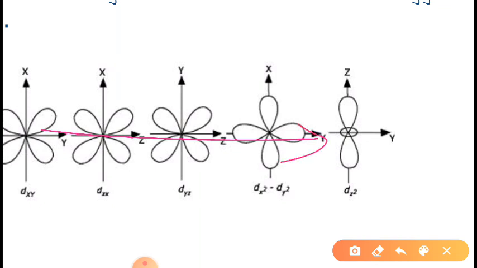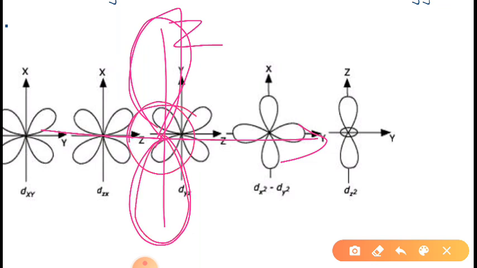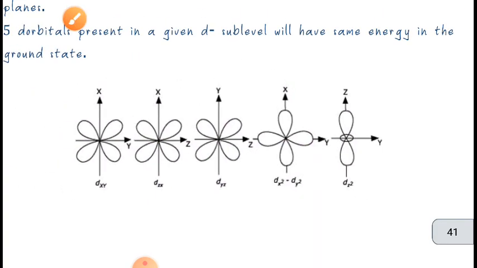One lobe is like this along the z axis, suppose this is the z axis. Along the z axis this lobe is here and this lobe, and one is just like this, spherical, which is circling this one, as you can see here. So this is the structure of the d orbital.